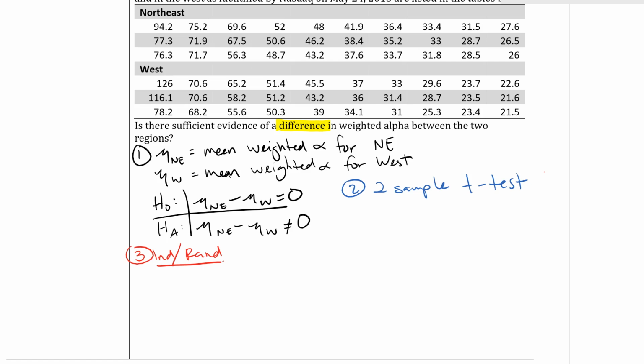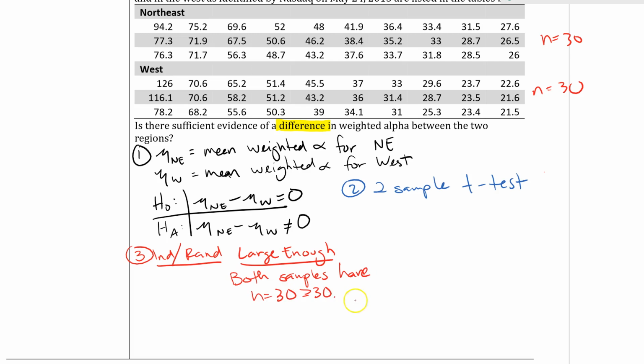So we're not going to write anything for that right now, but we will focus on making sure we always check that it's large enough, which is one of the most important. And we do find that in both cases, we have n is 30 here and n is 30 here. And that's our minimum for this class. So we'll say, okay, both samples have n equals 30, which is at least 30. So we're good to go.